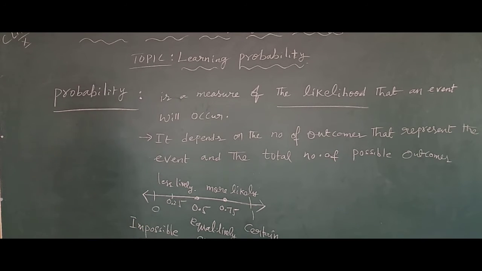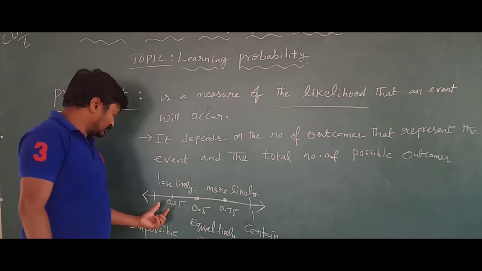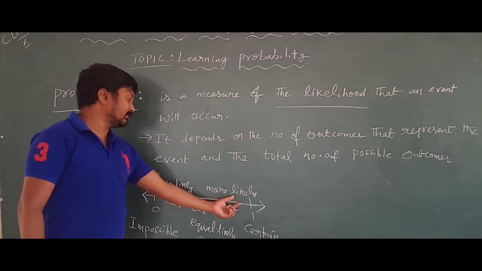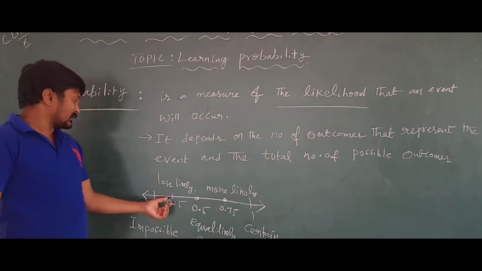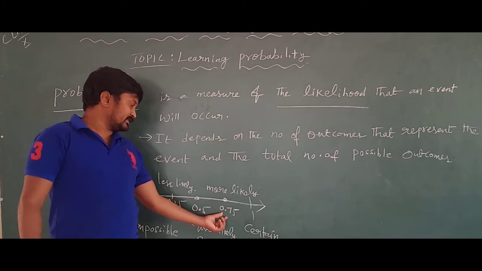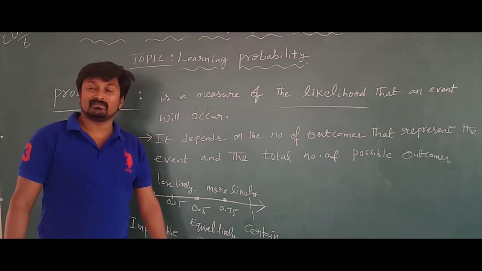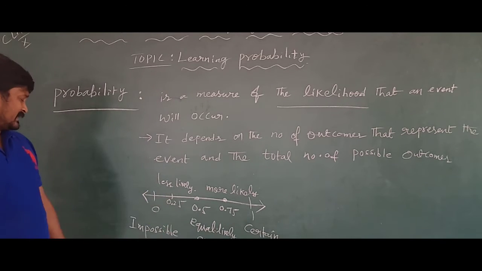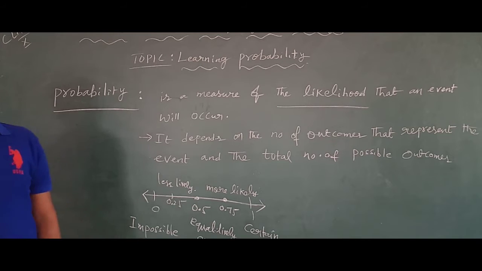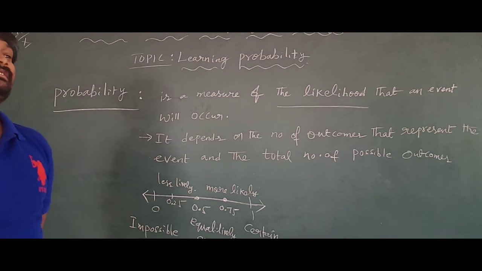So less likely means less possibility, more likely means more possibility of an event occurring. 0 means impossible event, 1 means certain event. A less likely event is like getting rain on a sunny day, and a more likely event is getting rain on a cloudy day. We'll discuss everything one by one.